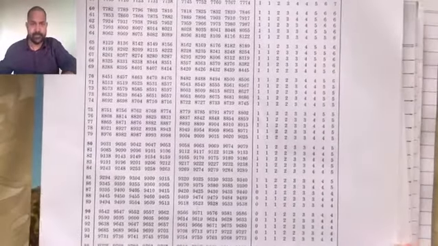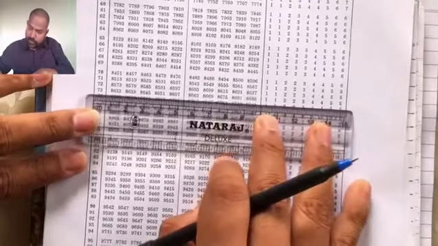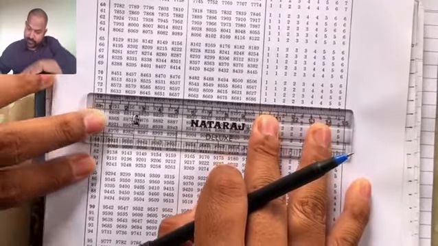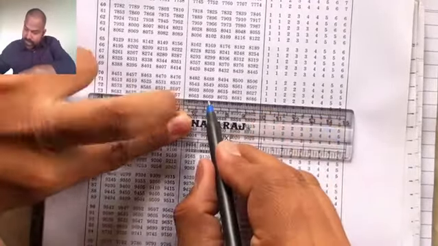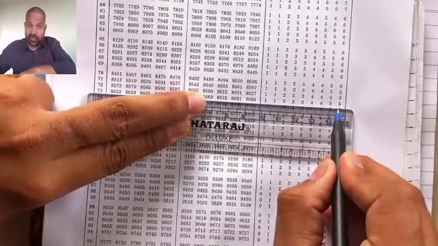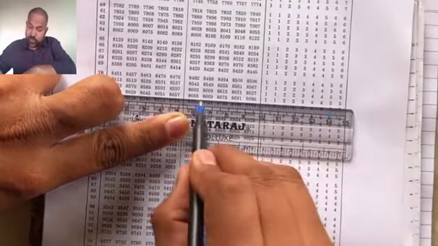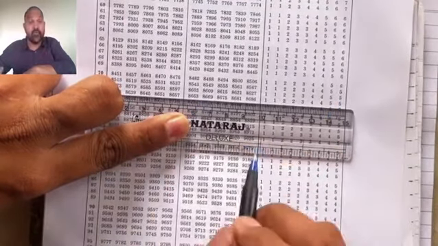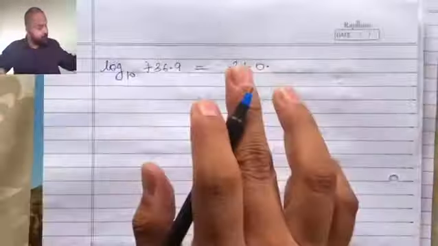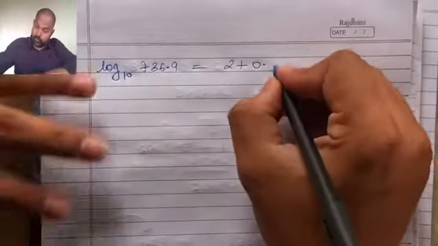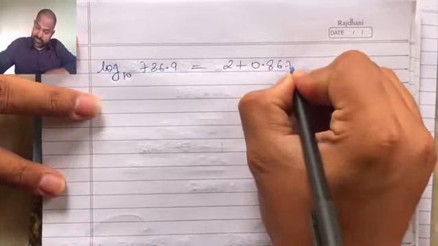7369. So in 73, I am looking for 6. And in that I have to look for 9, which is 5. So it is going to be 8669 plus 5, so it is going to be 8674, so it is going to be 0.8674.